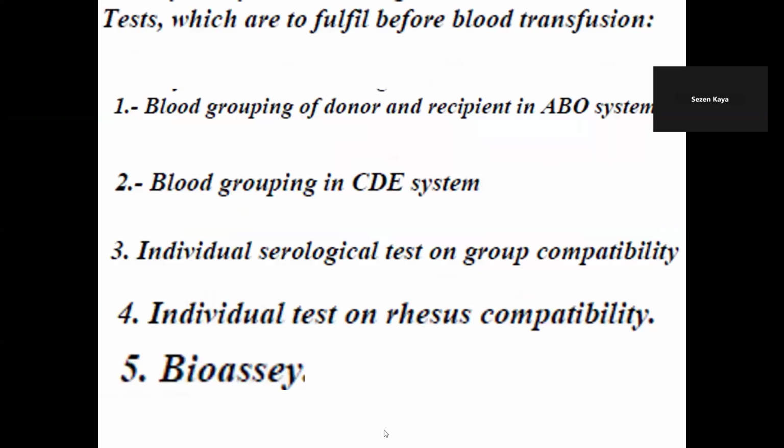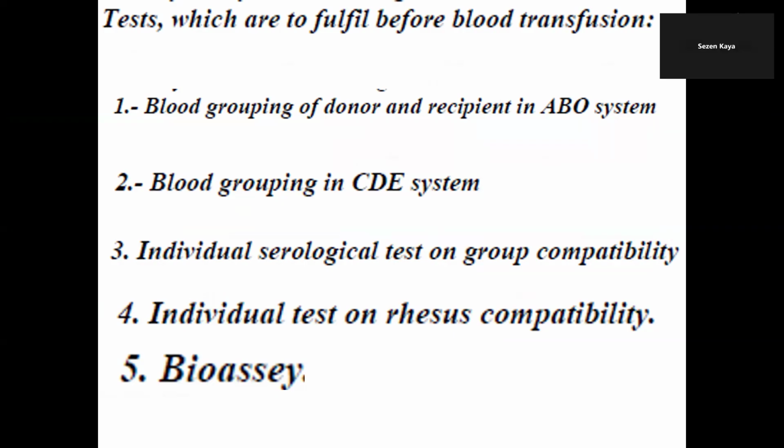One of the exam questions that you should know: what are the tests to fulfill before blood transfusion? What should the doctor do before making a hemotransfusion? First step, blood grouping of donor and recipient according to the ABO system. Second, according to the CDE system, antigen D, rhesus factor.